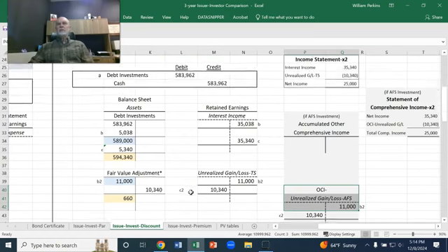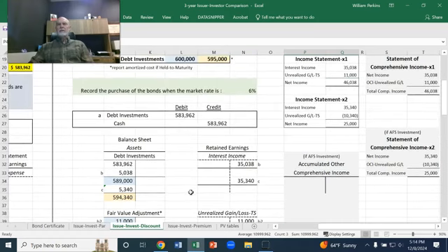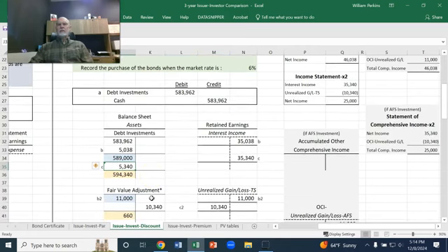At the end of the second year, let's assume that we've amortized another year of the discount, and the fair market value is now $595,000. Well, the amortized cost is $594,340. We need to raise it to $595,000 to get the fair value adjustment account to the $660 that's needed.